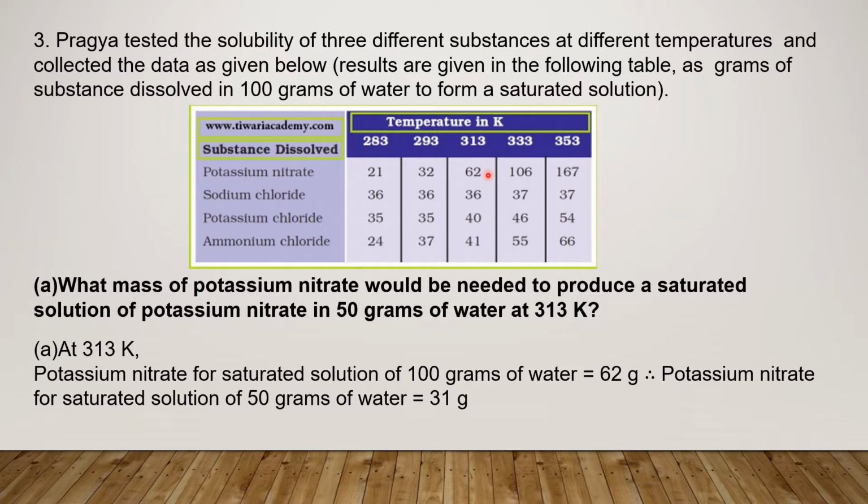So at 313 Kelvin, potassium nitrate for saturated solution of 100 grams of water is 62 gram. So question is what? In 50 grams, how much? So potassium nitrate for saturated solution of 50 grams of water is half of this 62, that is 31 gram. Got it, children? Because in this question it is given that 100 grams, how much? 62. So for 50 gram, just half of 62, that is 31 gram.